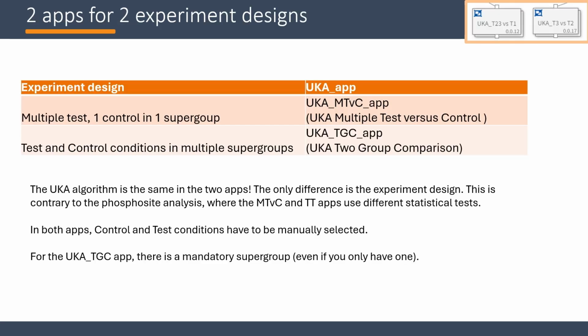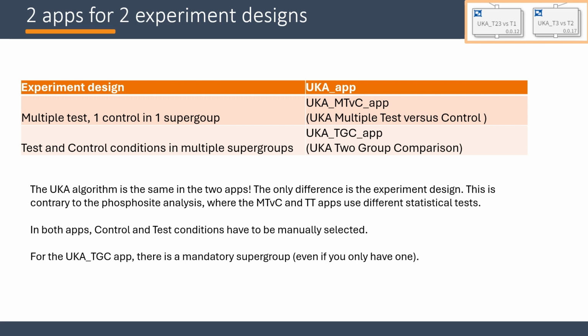Finally, before we go to Tercen and I show how to run the Upstream Kinase app, here is an overview of the different UKA apps. Based on the experiment design, we run different UKA apps, but the core algorithm is the same. In the C-T1, T2, T3 templates, we test multiple test conditions against a single control condition, so the app is named UKA_MTvC.